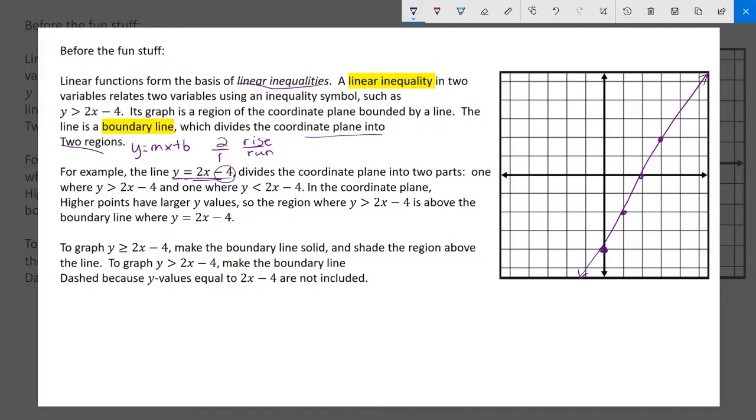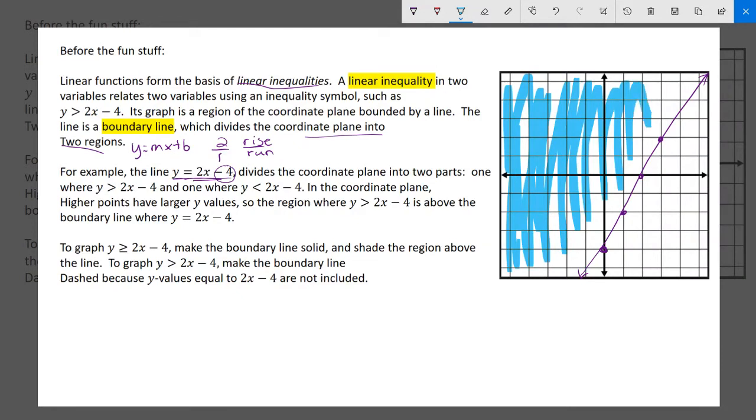When we're dealing with inequalities, we're going to be saying that either all of the upper region, this whole region right here, is true, and this region in this case would be y is greater than 2x minus 4, or the other region, the lower region, which in this particular case is y is less than 2x minus 4. We're going to be working on that in a little while.